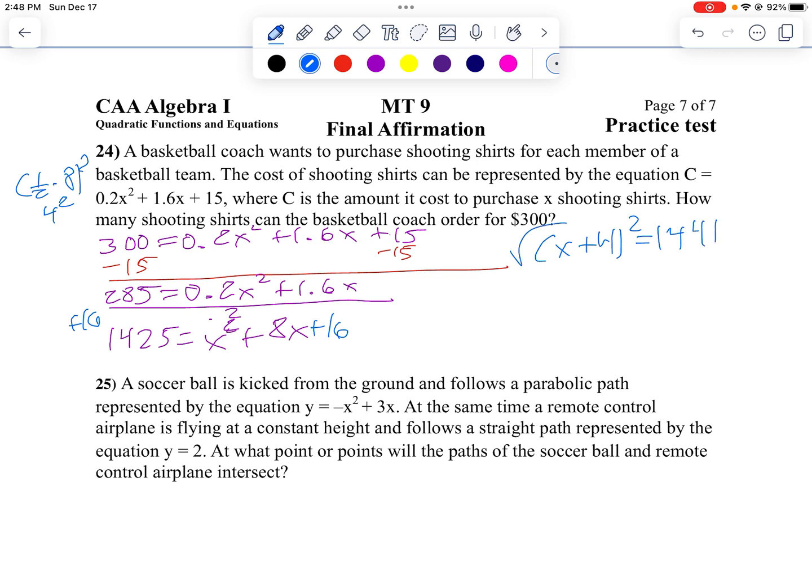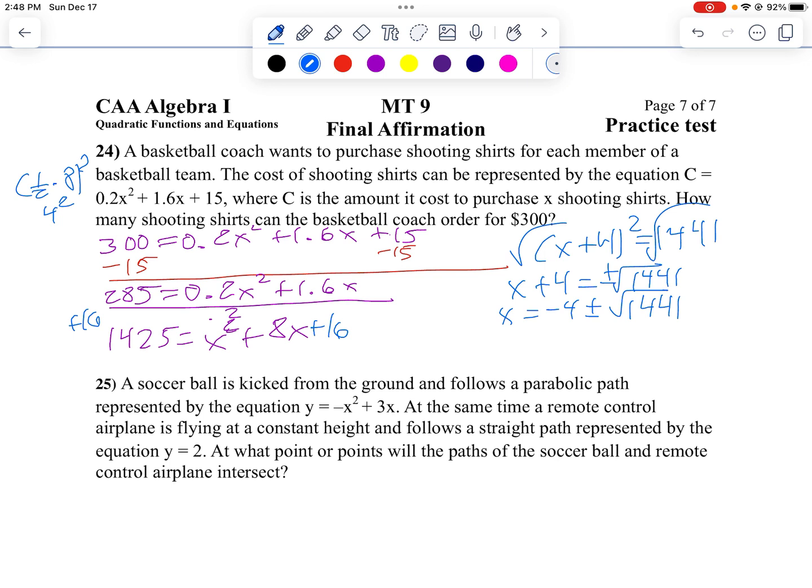Then we can take the square root of both sides. X plus 4. Now, is the square root of 1441 a nice number? It's not. I'm going to leave it as the square root of 1441 for right now, plus or minus. So x equals negative 4 plus or minus the square root of 1441. Now if we take negative 4 plus 1441, we get 1437.